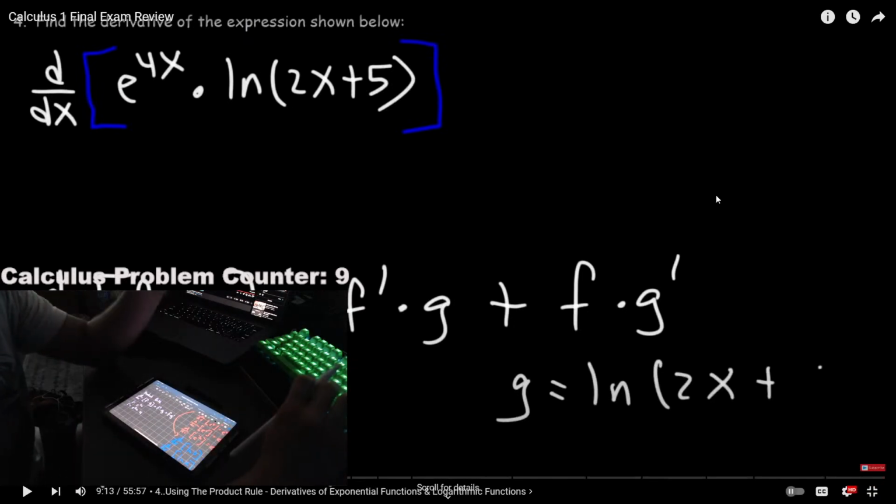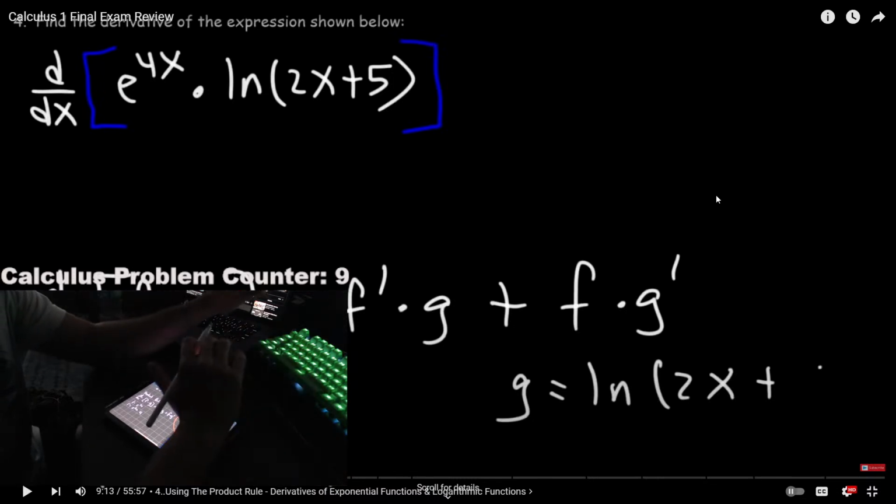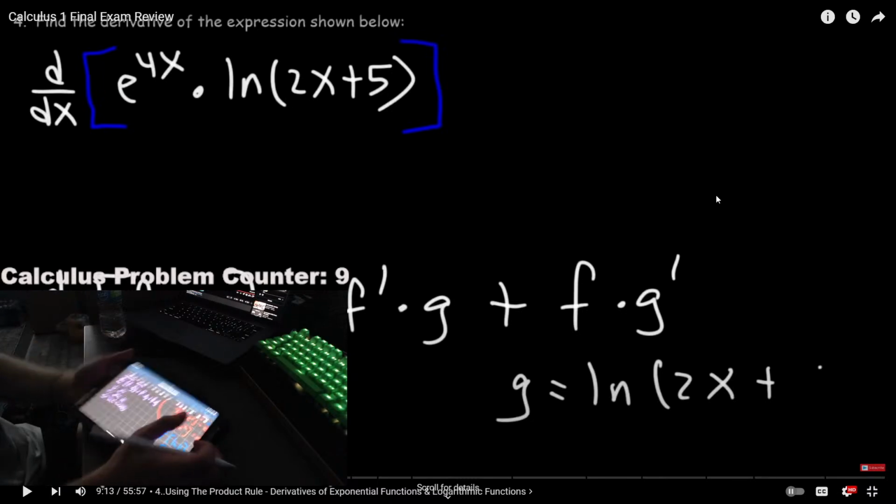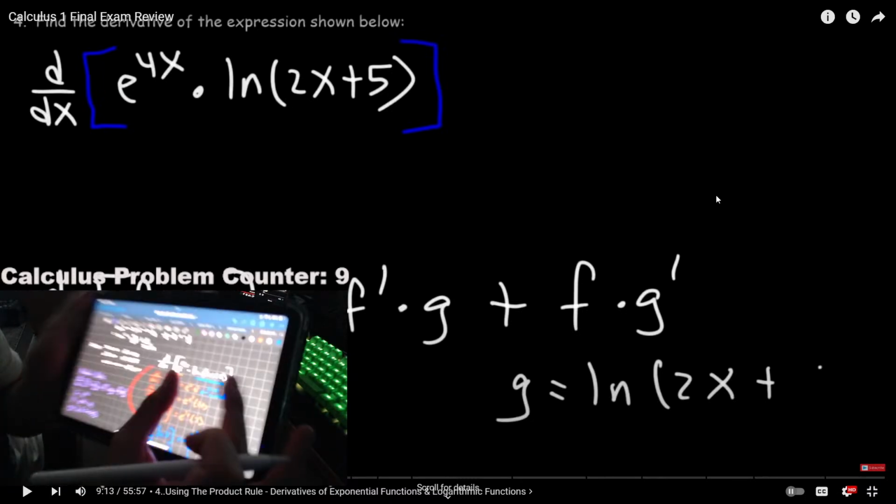So g is equal to ln of 2x plus 5, and then you're going to find the derivative of that. So we're still in this problem.